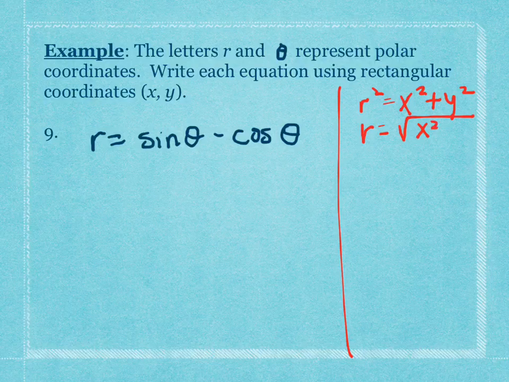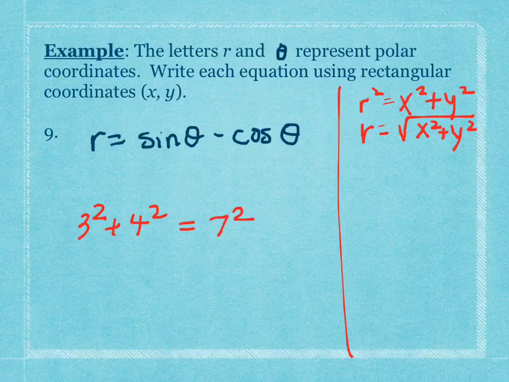Yeah, you can't undistribute or distribute, or however you would say that. You can't distribute square roots to squares in between. It doesn't work. And let me just give you an example because it's a really common mistake. If that were possible, then it would have to be true that when you take 3 squared plus 4 squared, you get 7 squared. What's 3 squared? 9. What's 4 squared? 16.